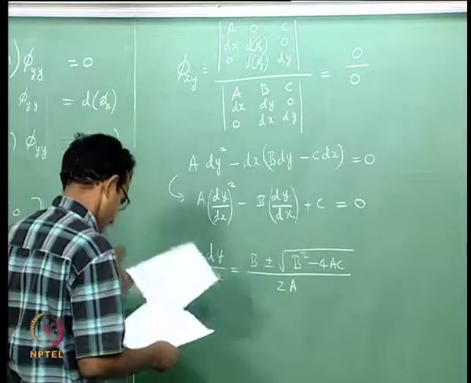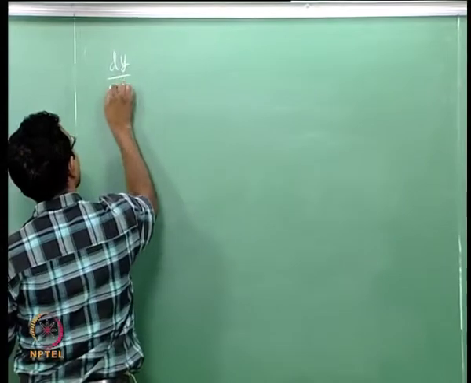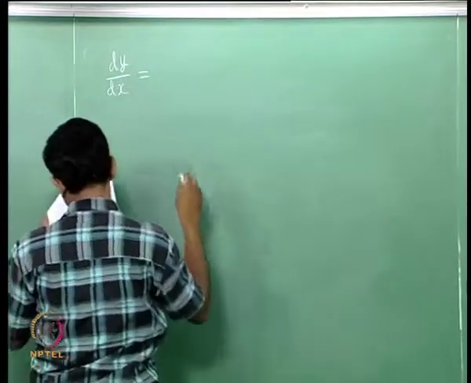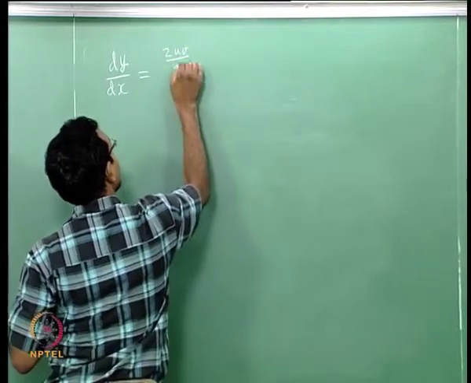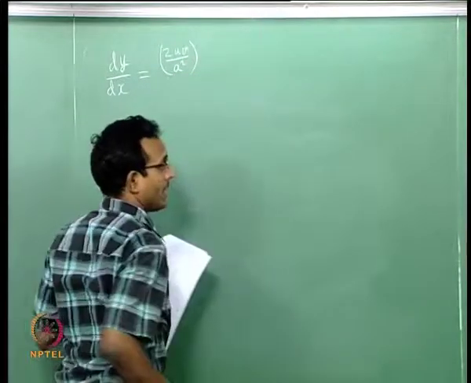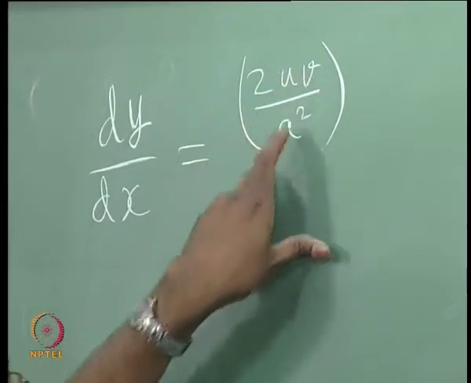If I put that in, dy by dx equals, our b was 2uv by a square. I am rewriting it in terms of u and v, where this was actually phi x phi y by a square.